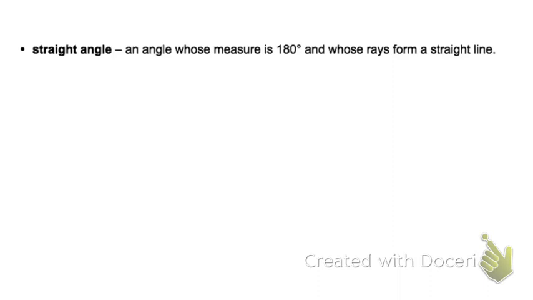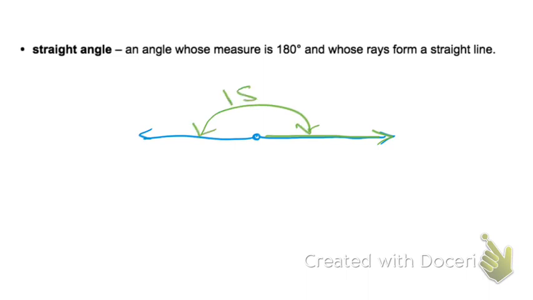So a straight angle is an angle whose measure is 180 degrees and whose rays form a straight line. So a straight angle is basically just a line. If we have two rays that form a straight line, this one, the green one and the blue one, then we know that those two rays form a line that's 180 degrees.